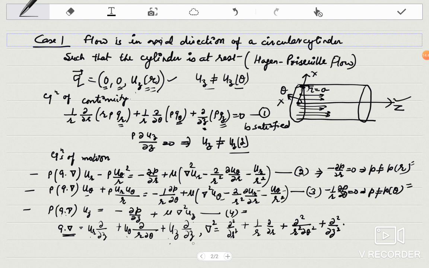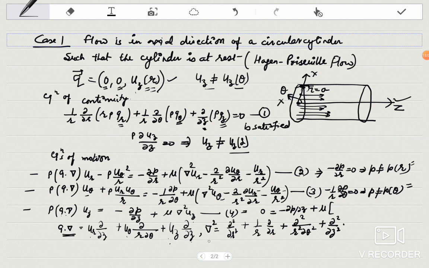But uz is not a function of z, so the left side is again 0. So 0 is equal to minus delta p/delta z plus mu delta 2 uz.